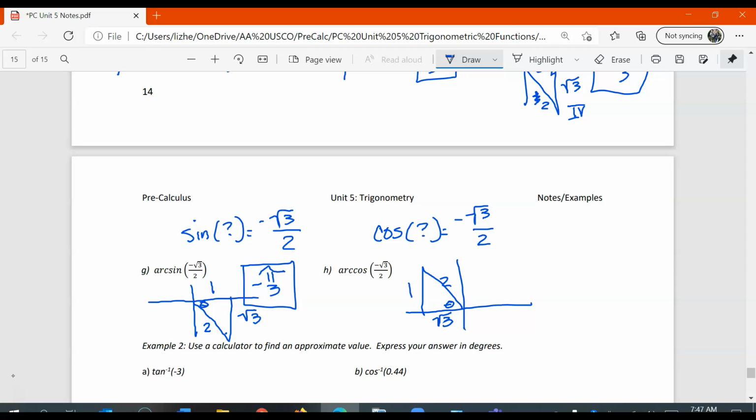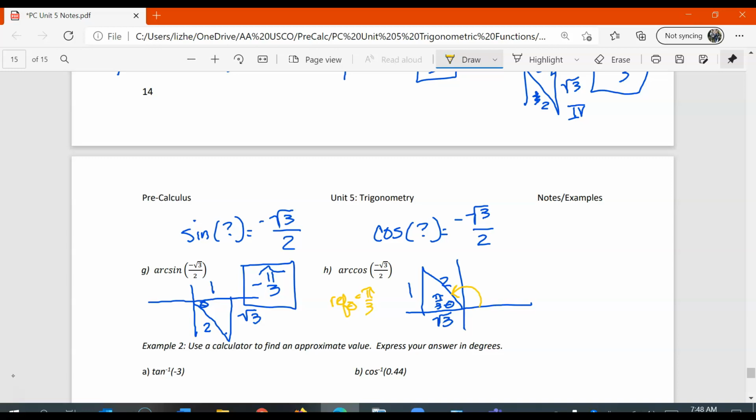And so therefore this would have to be pi over 3. For the cosines though, you have to be careful, because we're talking about the cosines of negative numbers. We're technically talking about this angle. The pi over 3 is the reference angle.